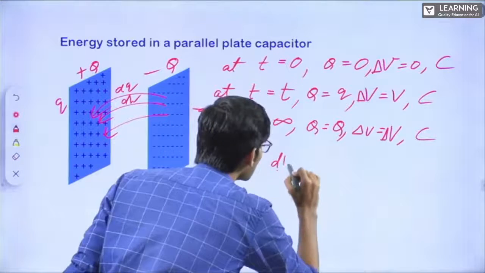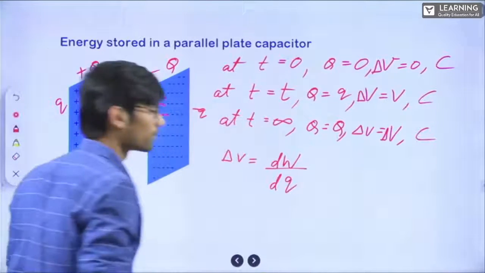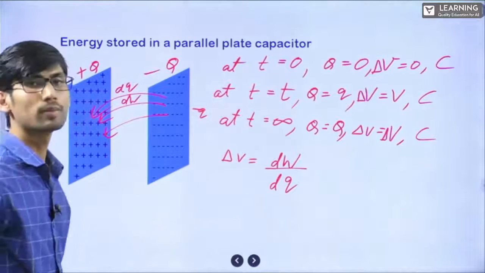So the small work is done in bringing the small charge every time. Delta V is equal to dW by dQ.